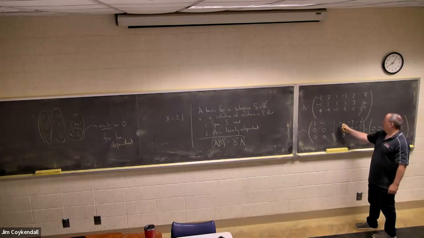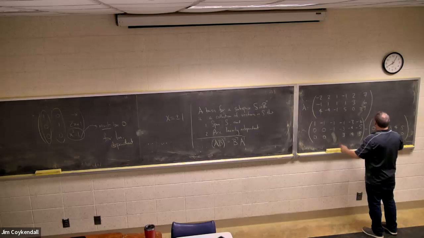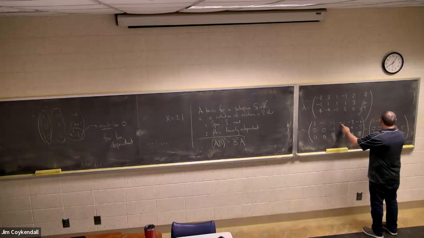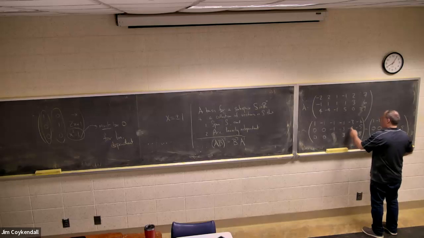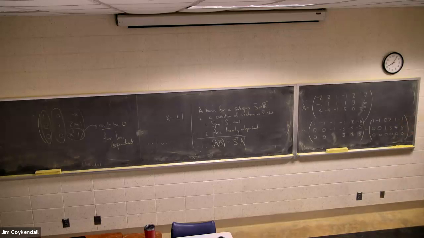And I'm going to use this to take out this entry right here, so that I have a pivot column. So that's going to be 1, minus 1, 0, 2, 1, minus. That looks like the reduced form.